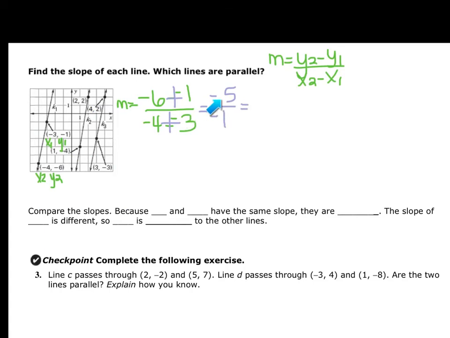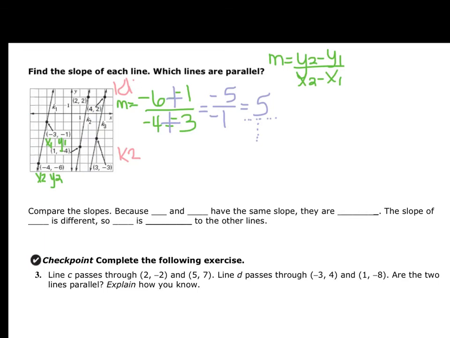Again, you always want to reduce this, so put this in your calculator if you have to. Negative 5 divided by negative 1. Two negatives make a positive. So this is just 5, or remember you can say it's 5 over 1. So this is K1.